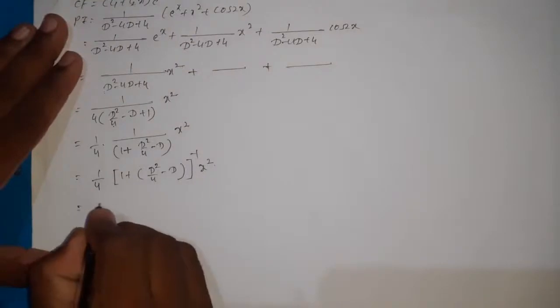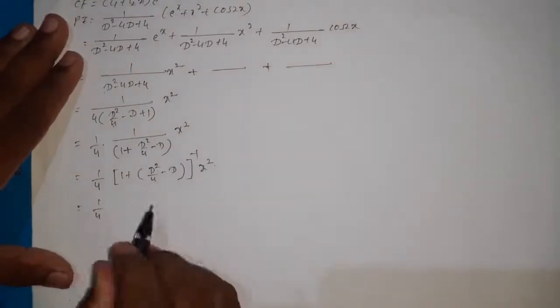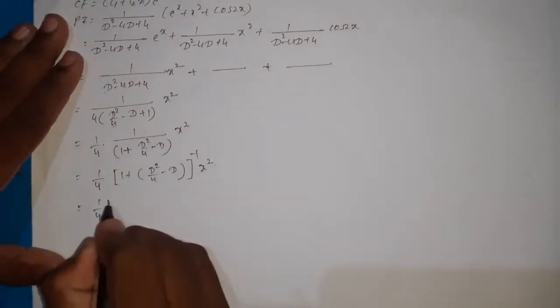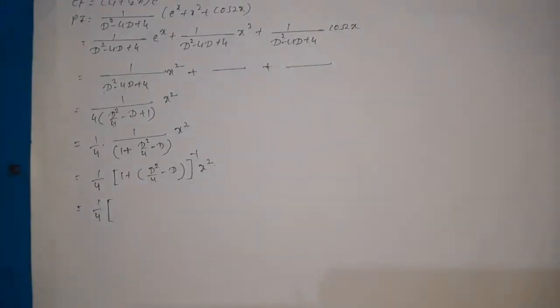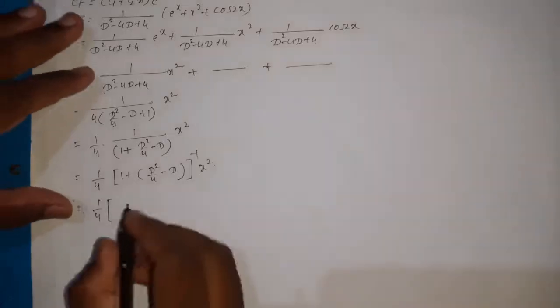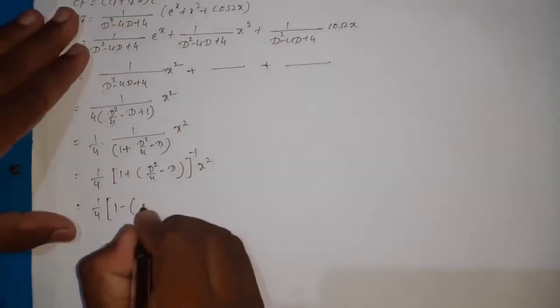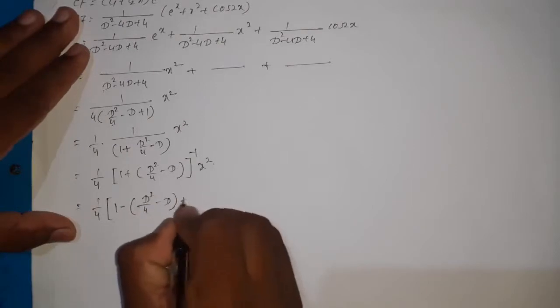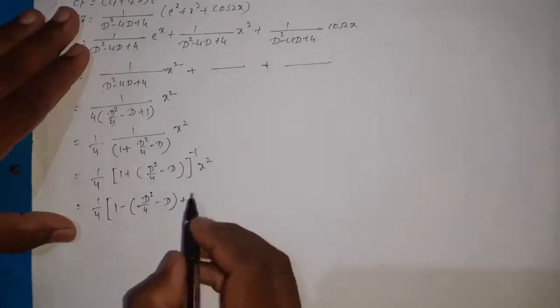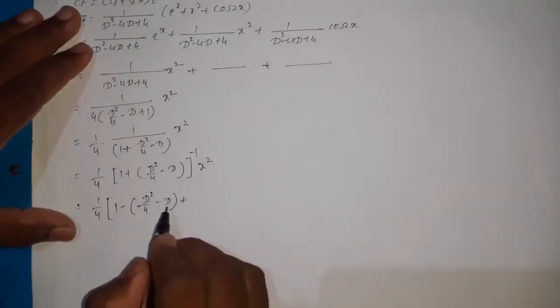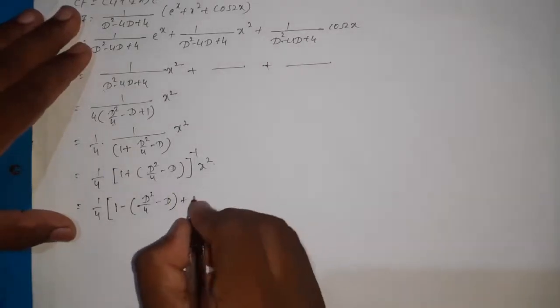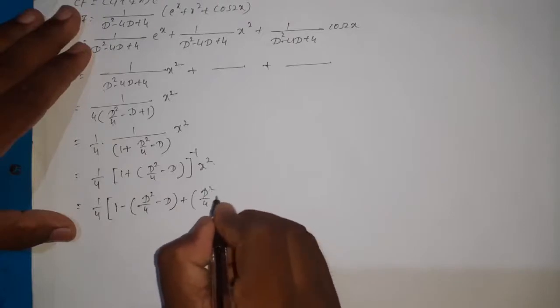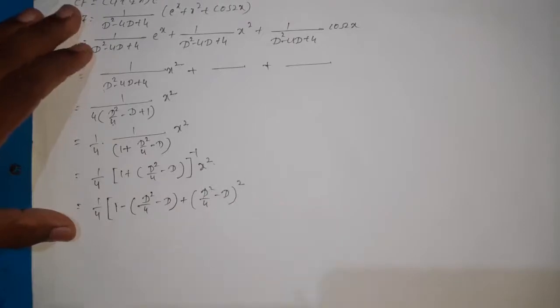Now it is 1 divided by 4, so it is of the form (1 plus x) whole power minus 1. The expansion of that one is 1 minus x plus x square minus x cube and so on. So therefore 1 minus x is 1 minus (D square by 4 minus D) plus (D square by 4 minus D) whole square.